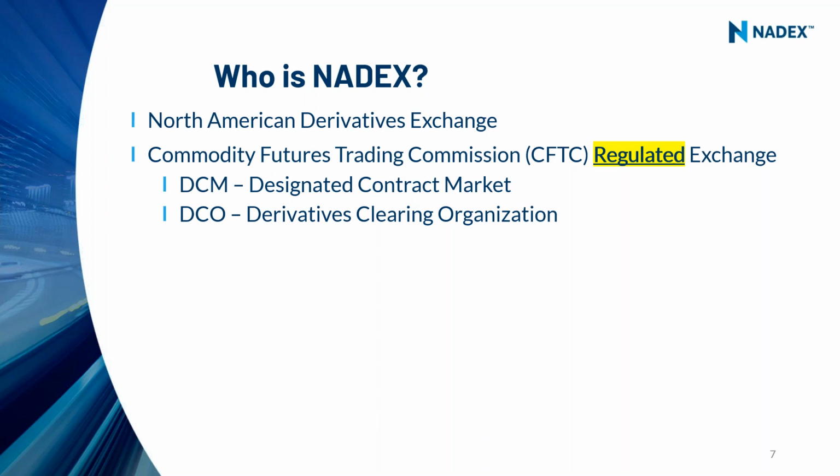And one of the reasons I really like to mention that we're regulated is because if you go online and look up binary options, you might find other providers out there on the internet. Almost all of them, there are only 3 that are regulated in the United States. One only has weather contracts and they don't trade very frequently.